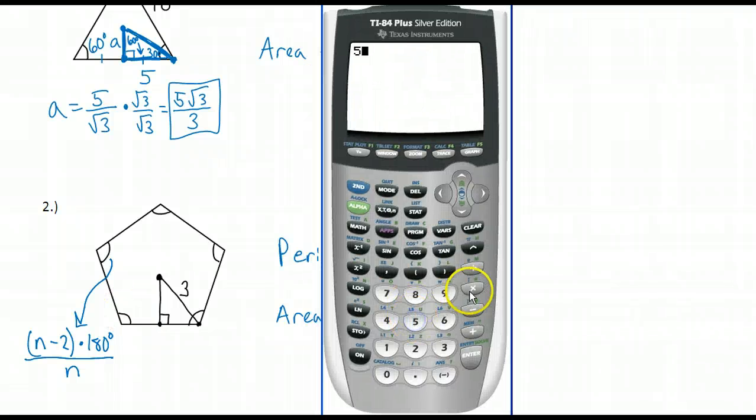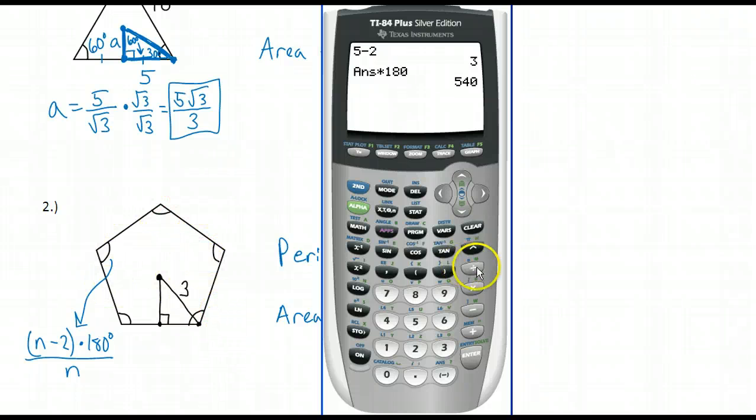So if I take 5 minus 2, that tells me that if I start at one vertex and draw in all the diagonals from that one vertex, there will be 3 triangles inside that pentagon. Each triangle is worth 180 degrees. So I have an interior sum of 540 degrees for a pentagon.